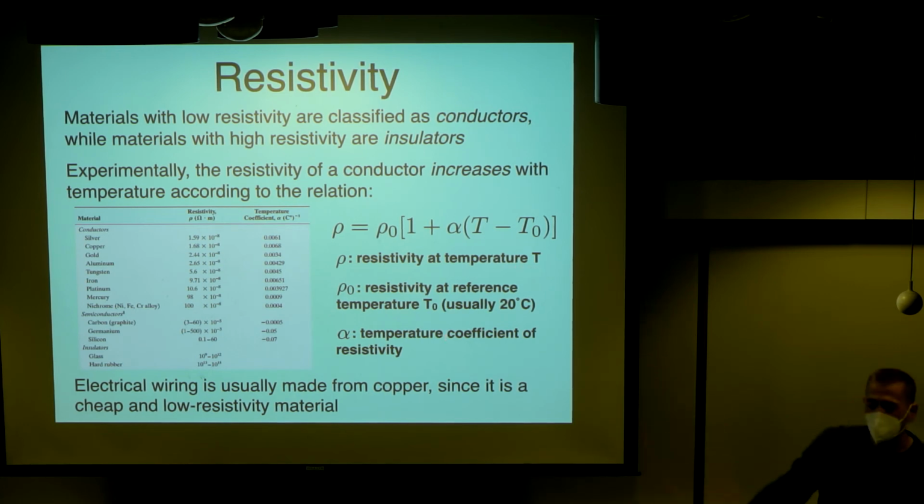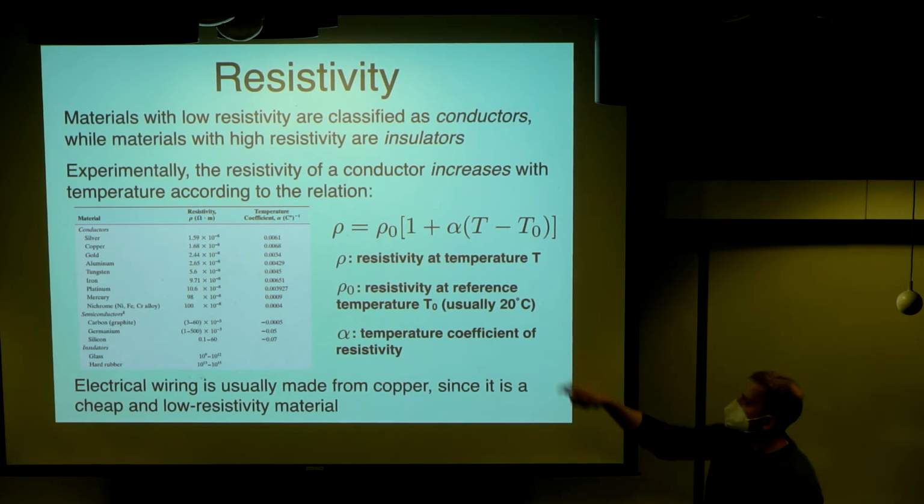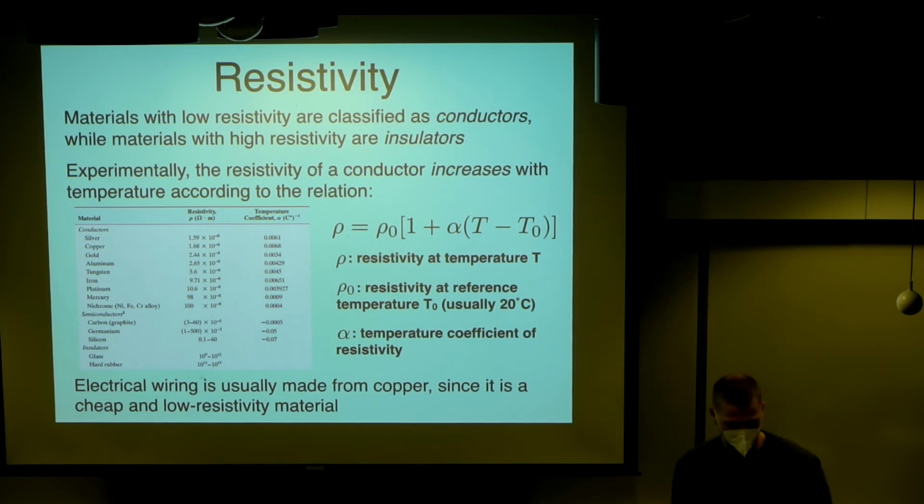Okay, alpha is something we call our temperature coefficient of resistivity. So here's how it works. Rho, the resistivity we want to calculate, equals rho naught, the one we already know, times all of this, 1 plus alpha (T minus T naught). So let's just kind of see how this equation functions.